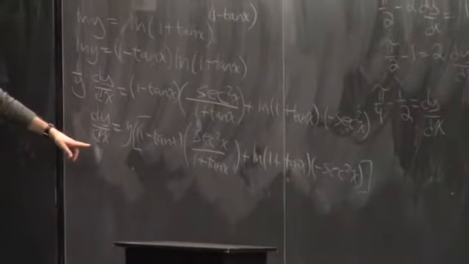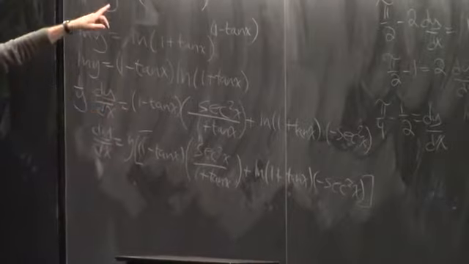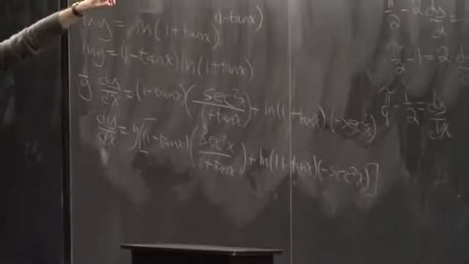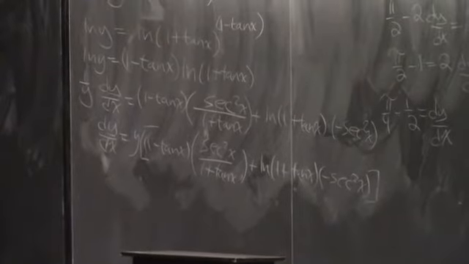And then it's too far down to write. Take y and replace it with (1 plus tan x) to the 1 minus tan x. How do we do on that? Better? Darren got it. All right.